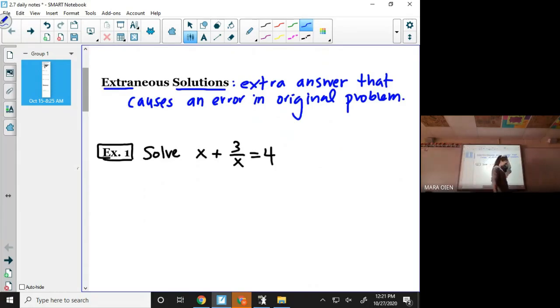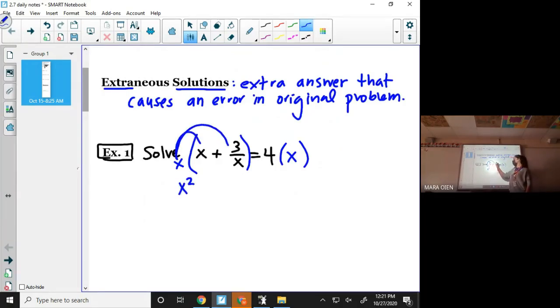To solve this one, x plus 3 over x equals 4, I'm going to get rid of the fractions. So right now I'm technically dividing by x. So what I'm going to do is I'm going to multiply, but I have to multiply everything by x. Whatever I do to one side, I also have to do the other side. On this left-hand side here, x times x will give me x squared.